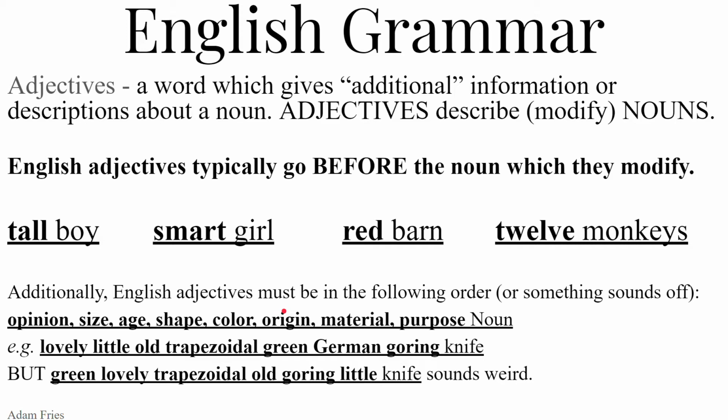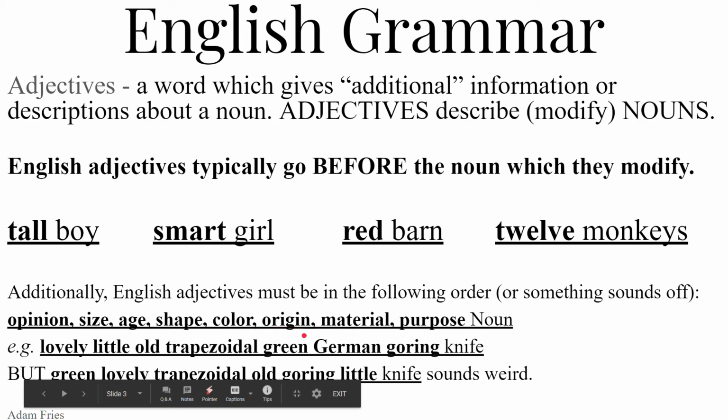This is why you can have a lovely little old trapezoidal green German goring knife. So all of these adjectives, opinion, size, age, shape, color, origin, material, or purpose, and then the noun knife.